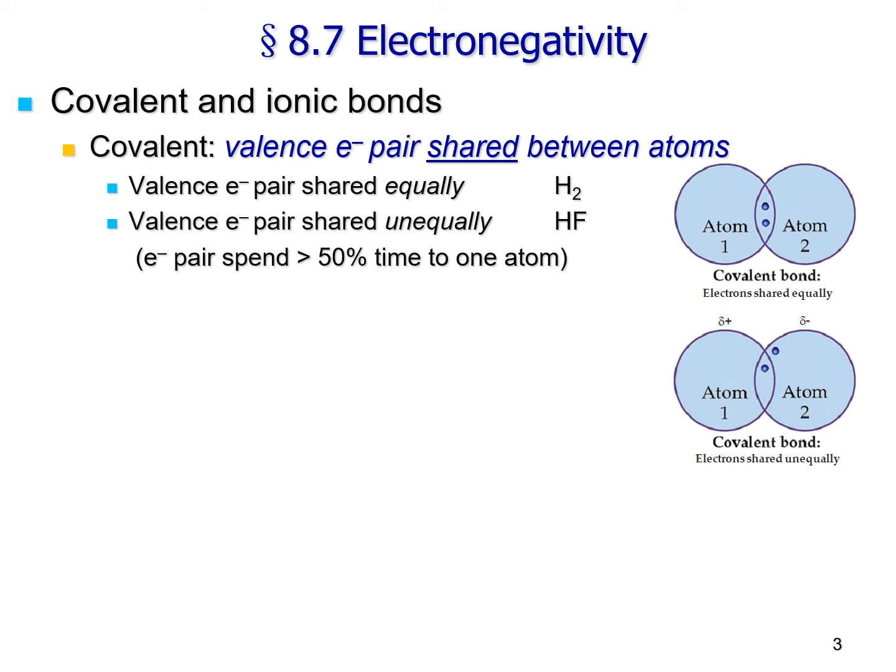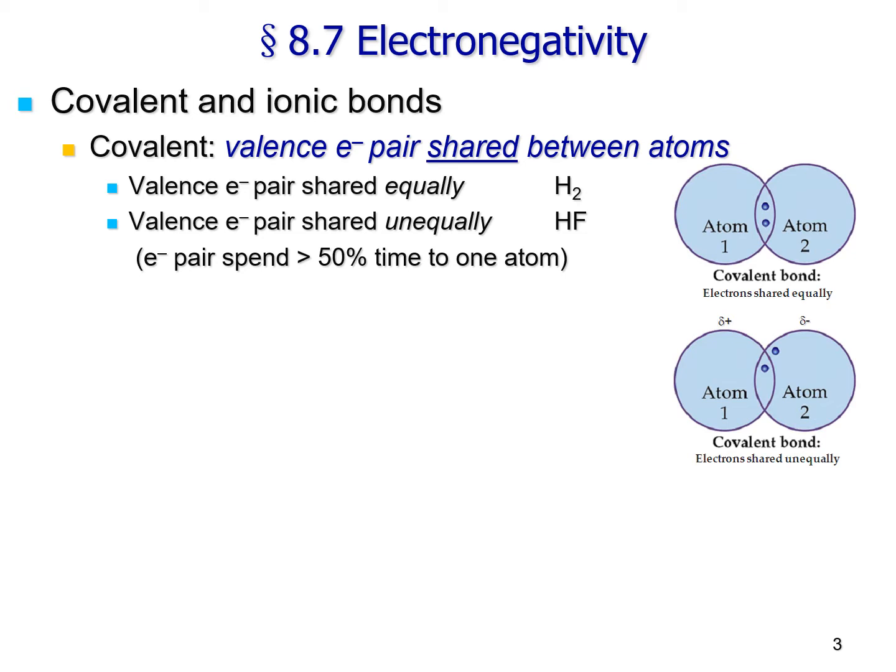In other words, that pair of electrons is going to spend more than 50% of the time on fluorine. That means when bonding, if we take the average, fluorine not only gets its electron back, it also pulls some of the electron density from hydrogen towards itself.